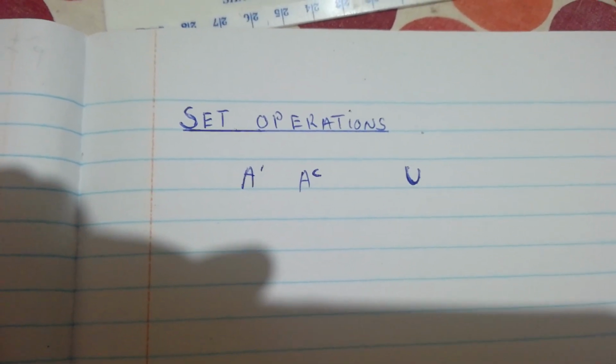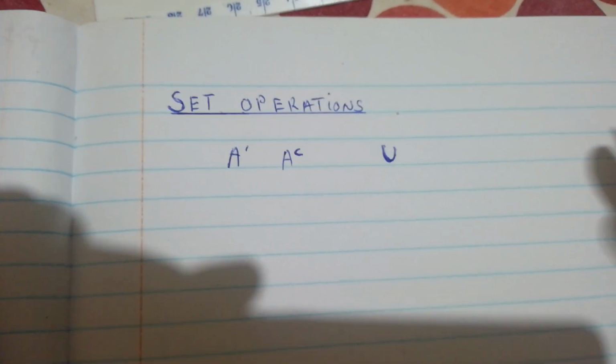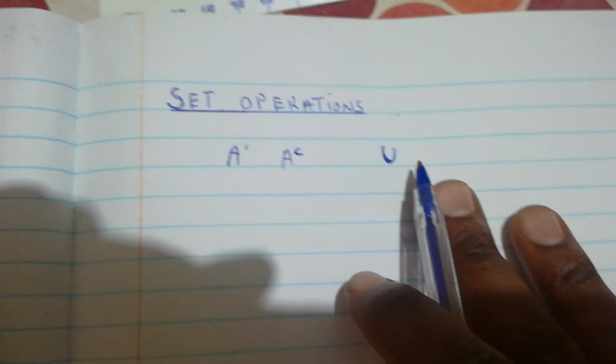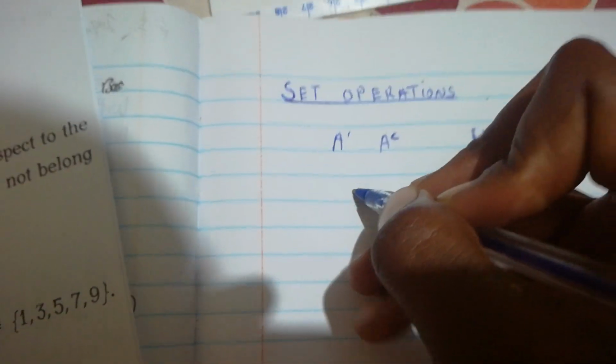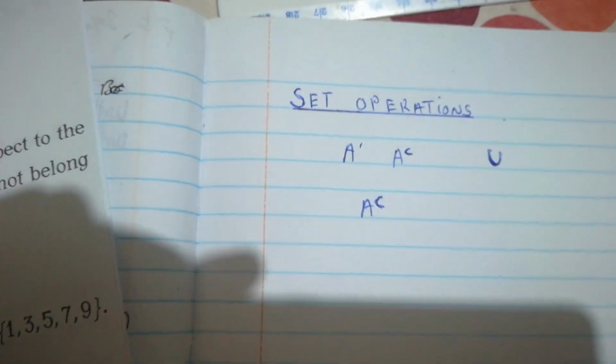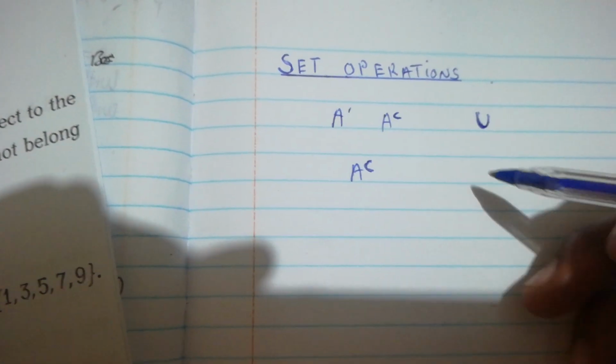This can be given in set builder notation. For example, if we talk of a set A and we want to define its complement in terms of the universal set, we can use a small c on top or this mark here.